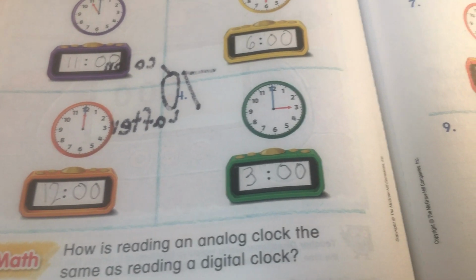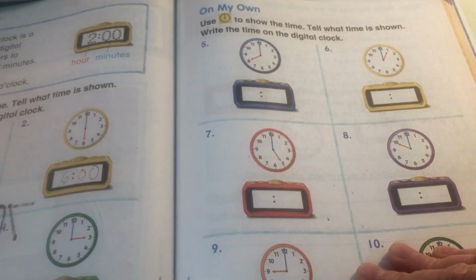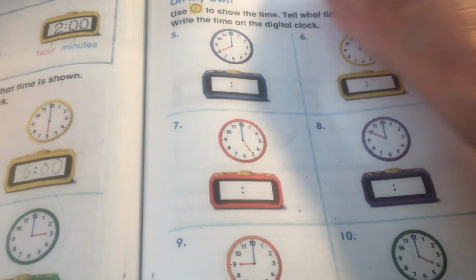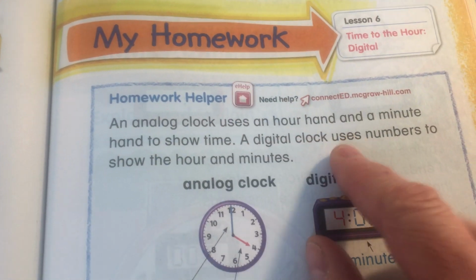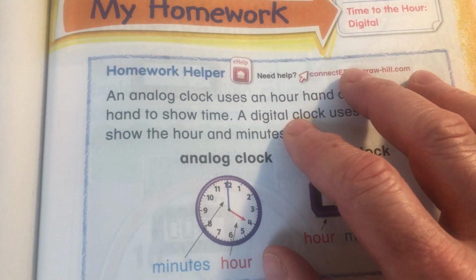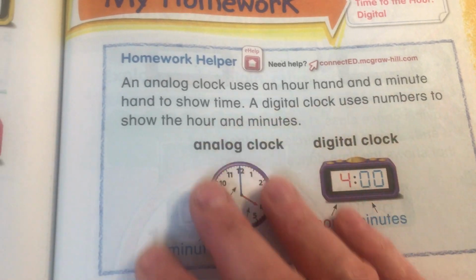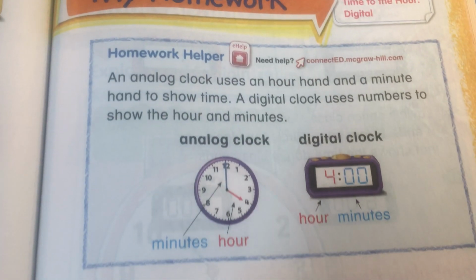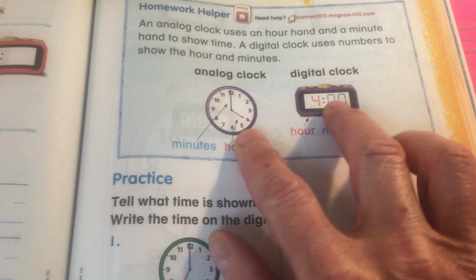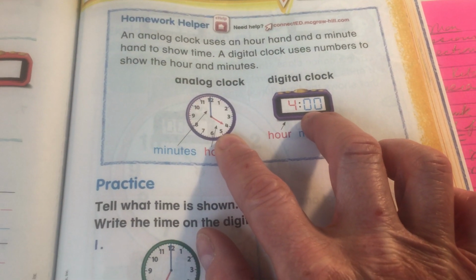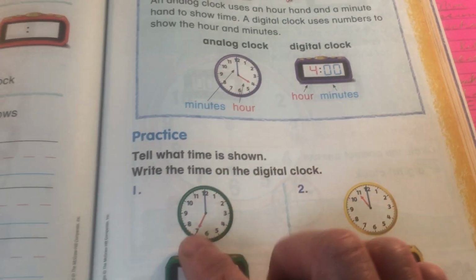All right, so we are going to continue practicing by temporarily skipping page 597, going to 599, making sure that your name and numbers at the top. Here is what you need to succeed, the same information that was on page 596, comparing the analog clock and the digital clock.